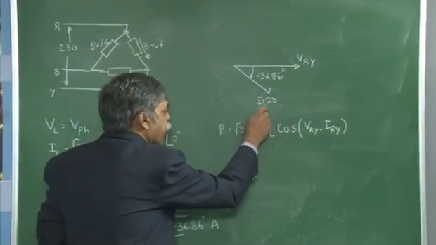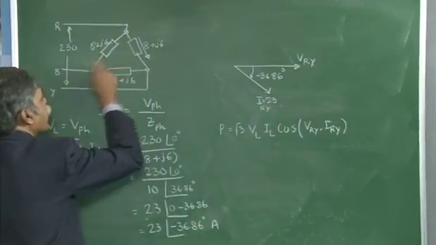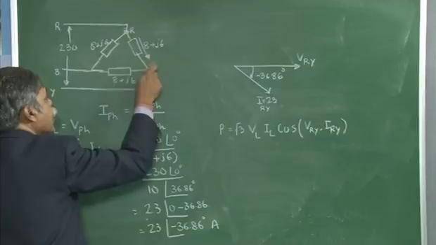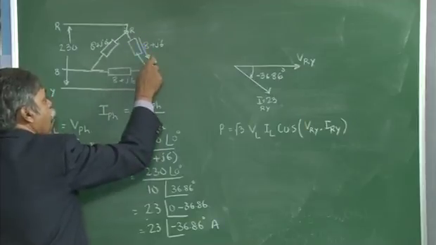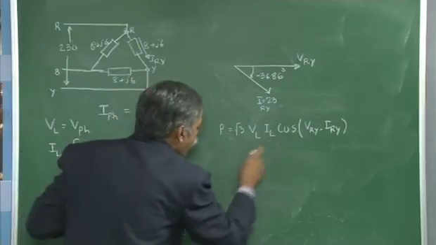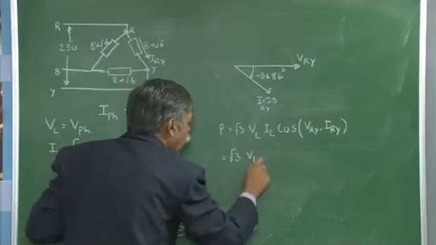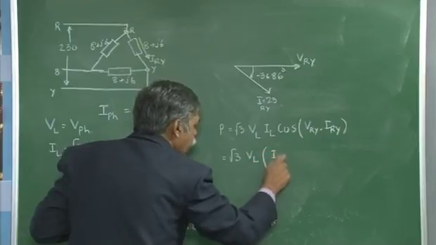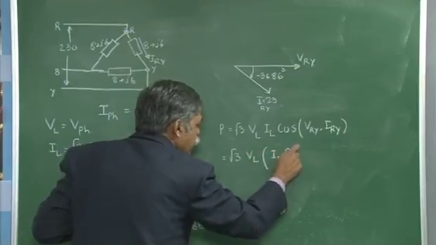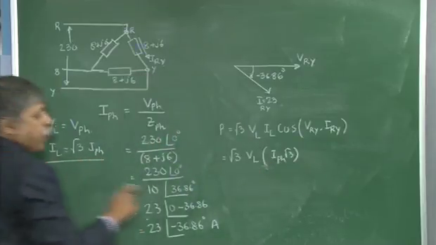So this phase current I can write as I_RY, because this current flows from R towards Y. What is the value of I_L? It is root 3 times I phase, because it is a delta connection. I am making use of this relationship.